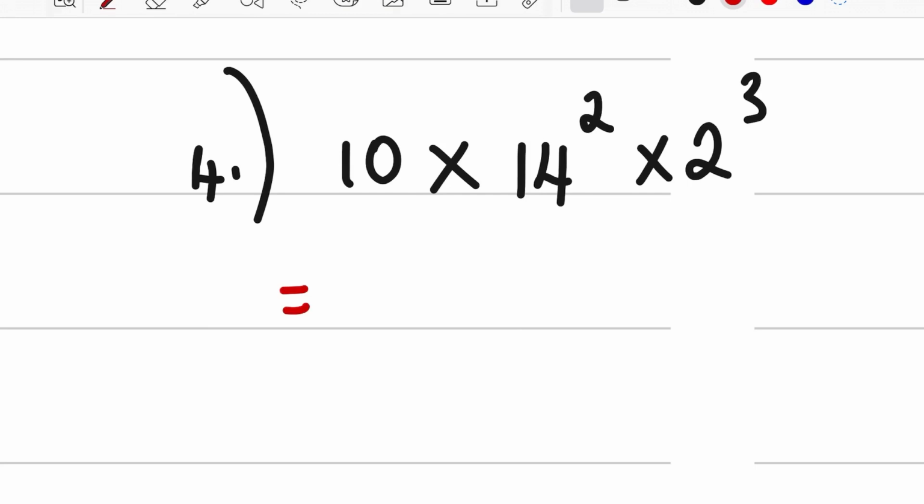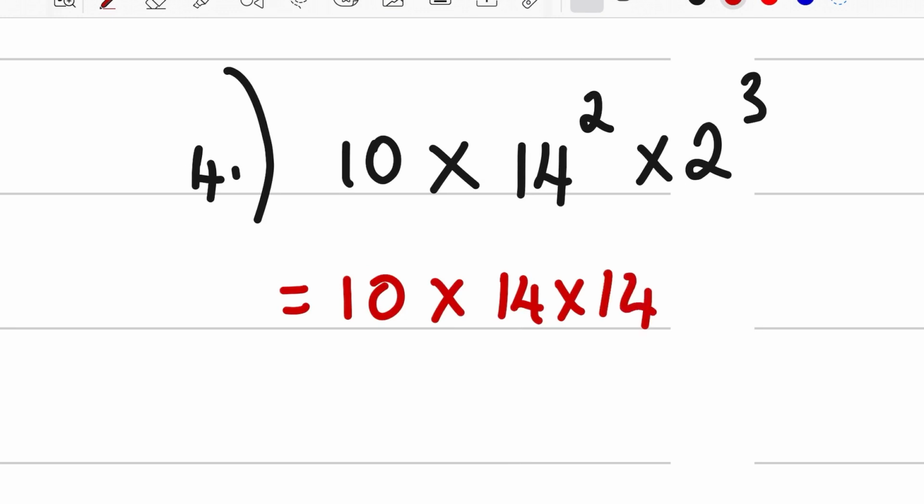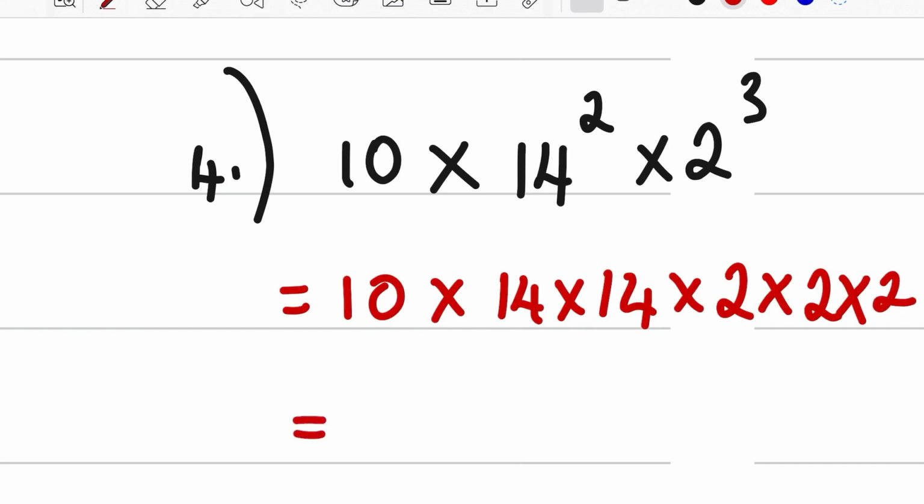So for question 4, we have 10 multiplied by 14 squared, which is 14 times 14, multiplied by 2 cubed, which is 2 times 2 times 2. So we write over 10. 14 times 14, or 14 squared, is 196, and 2 cubed is 8.